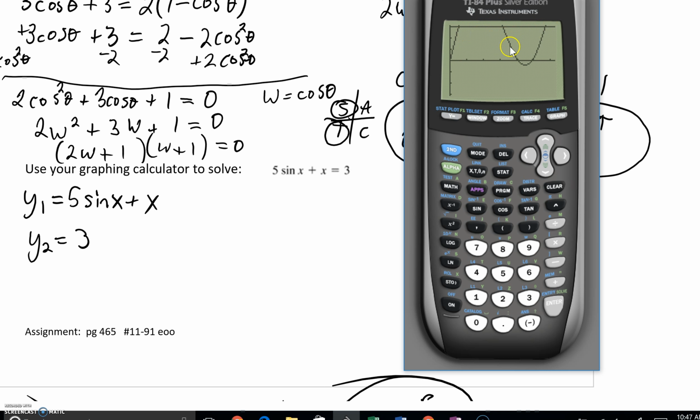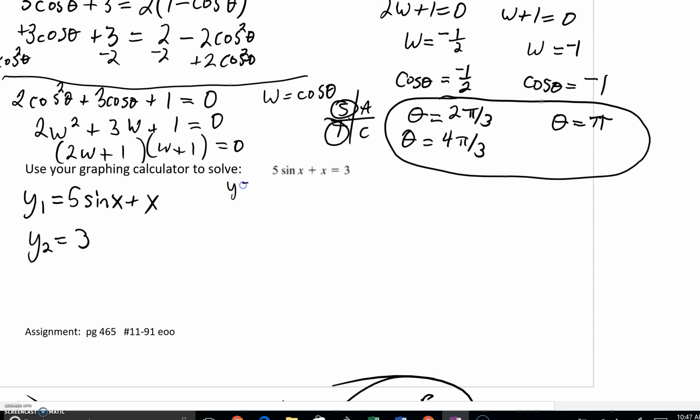What I want to warn you about is that very often kids will say, oh, we've got the 3 answers here, and then it's periodic, so we'll have infinitely many solutions. The thing is, if you just looked at y equals x, that's a line that looks something like this.